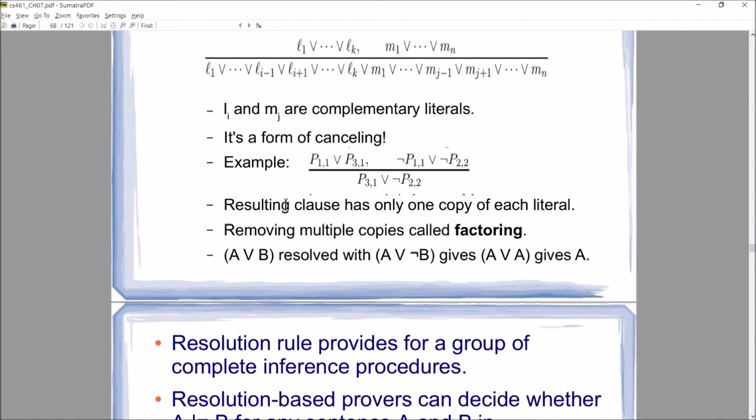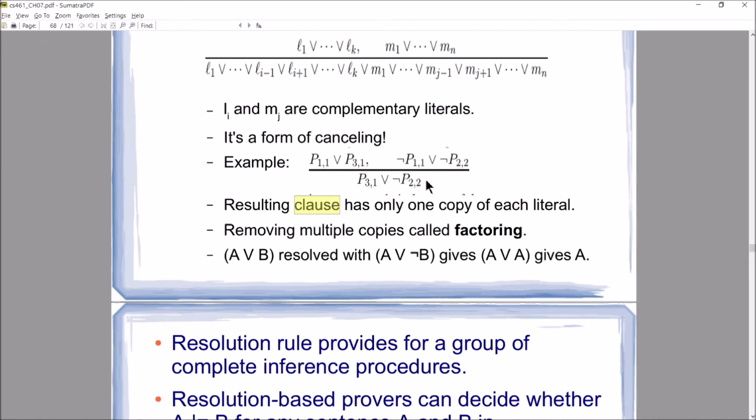So a clause is also a sentence because it's just a sentence that has disjuncts. So this is P31 or not P22. That's a sentence, but it's also the resulting clause of combining these two clauses above the line together. They canceled out, and then here's what you have, your new clause here.